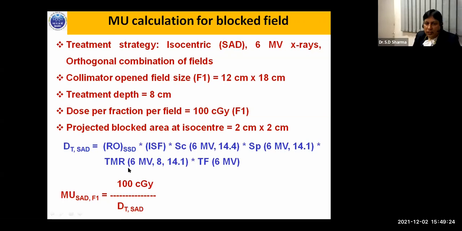Even tissue maximum ratio, which is related to the field size projected at depth, has to be looked up. Then one has to necessarily apply a tray transmission factor as a correction, an attenuation correction.